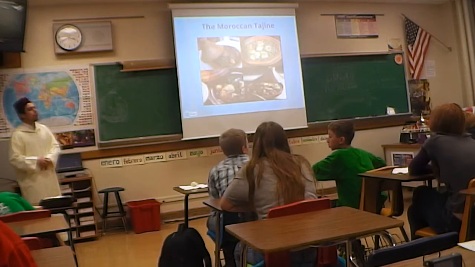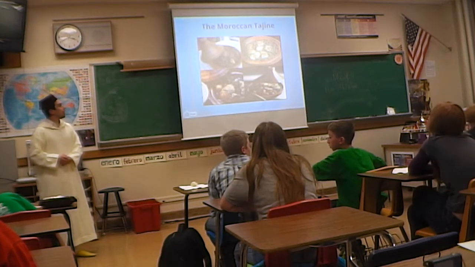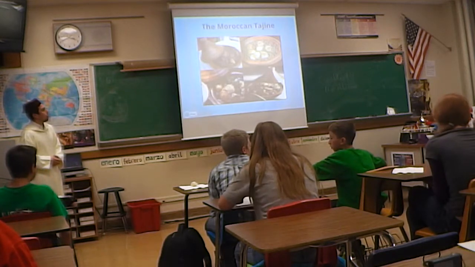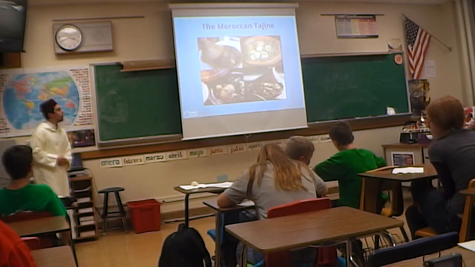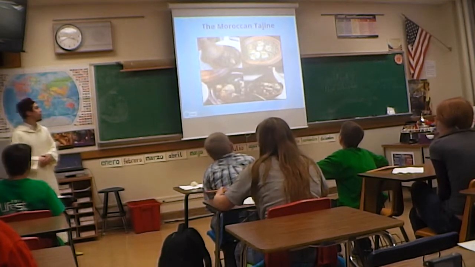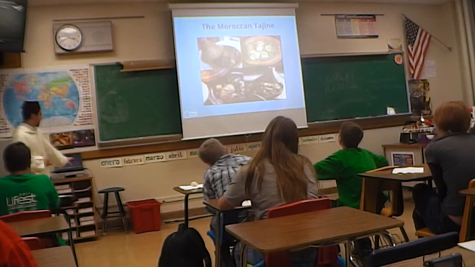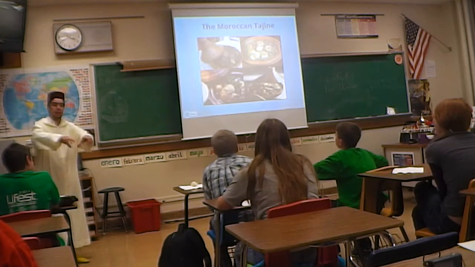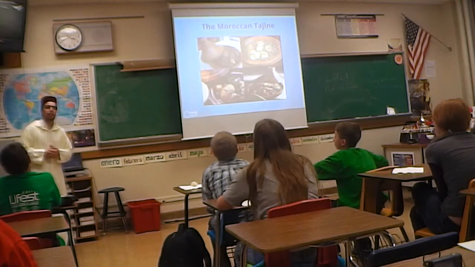Well, this is another dish. It's called tagine. We make it with chicken or meat, and prunes, and olives, and so on. Some people put beef and eggs on it.